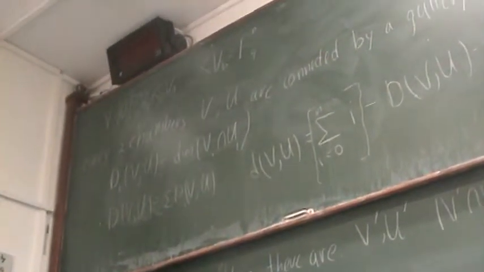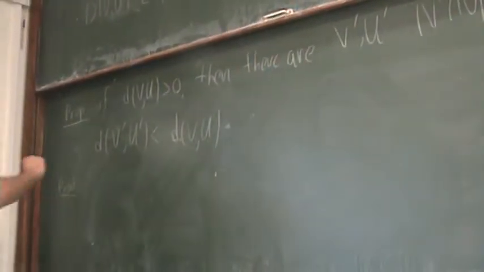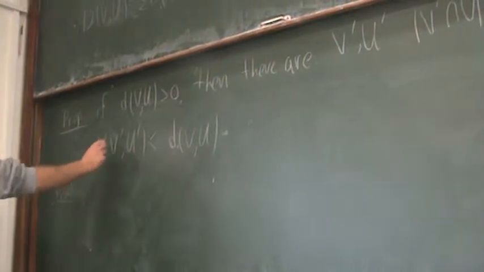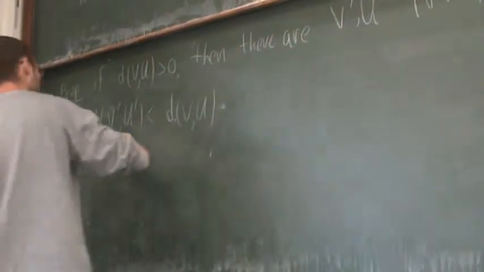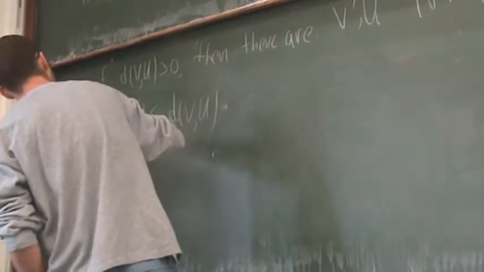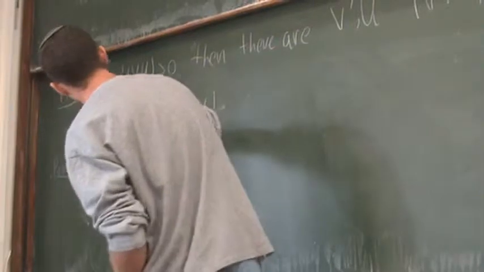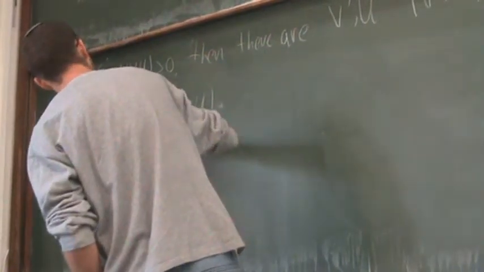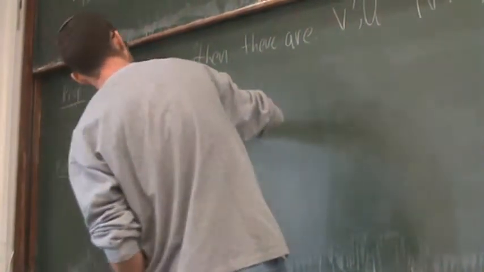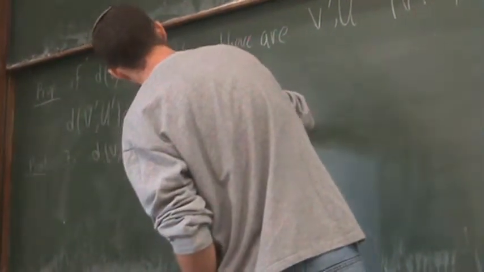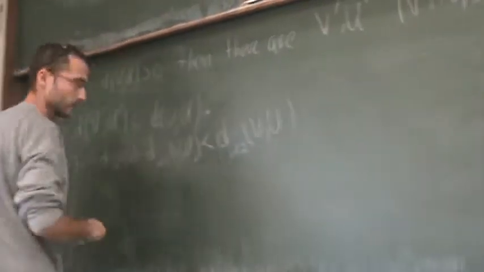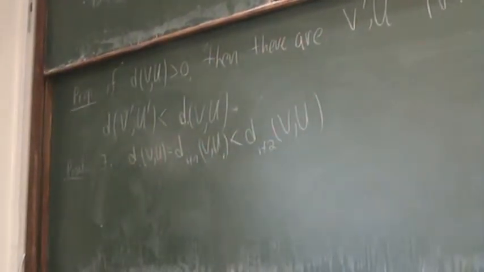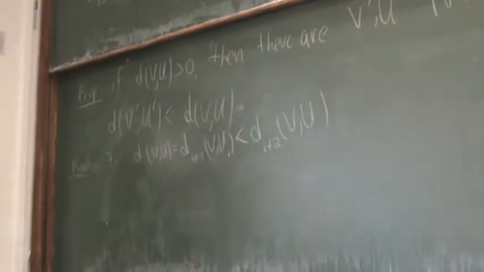So to prove this, sort of an easy observation is that if the distance is larger than zero, then there is an i such that the sequence has to be constant a little bit, and then it has to increase.